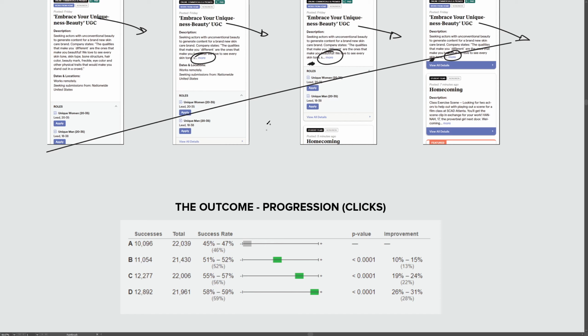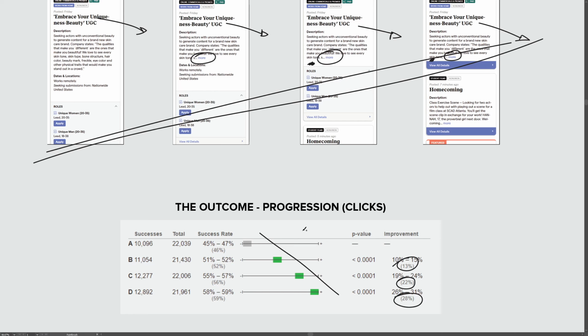And what I find super interesting about this is that there is this graduation of the change, and then we see there's a gradual increase here as well in these relative improvements. So here we see 13, 22, 28.